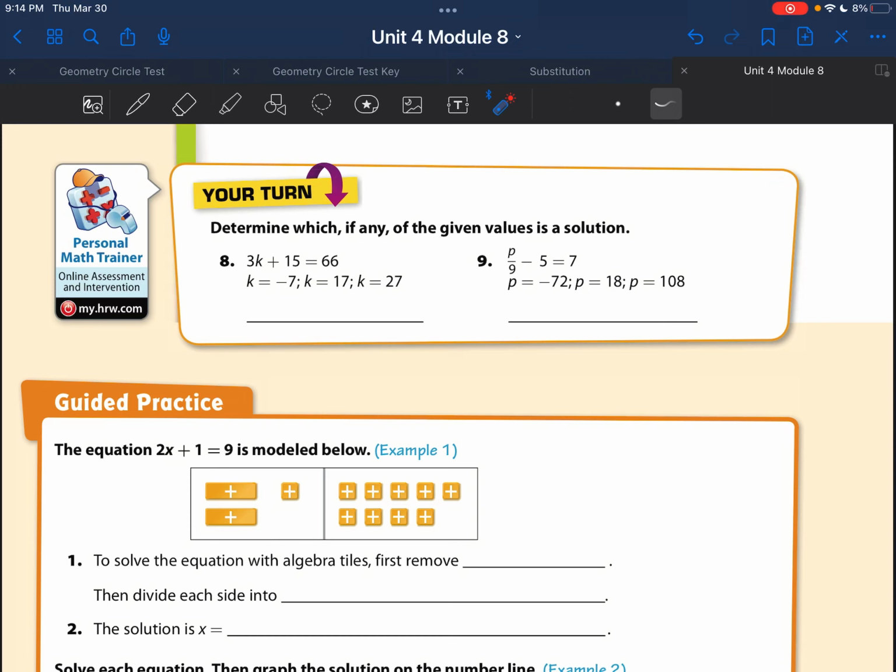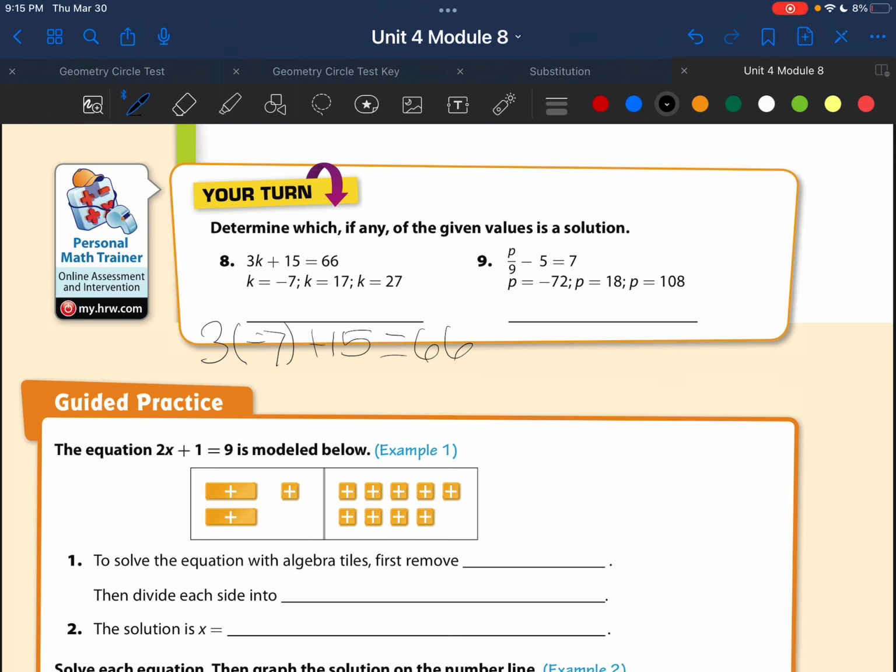Alrighty, so what you can do, and you have 2 ways to solve this. You can either pick one at a time and then try and plug them in for where K is. So you could do 3 times -7 plus 15 and try and find out if it equals 66.